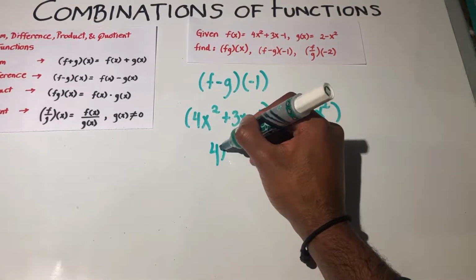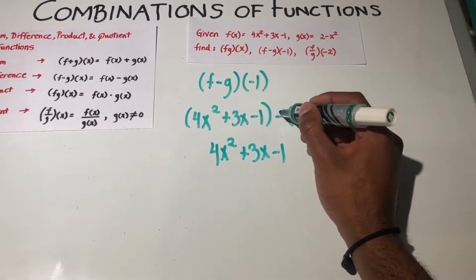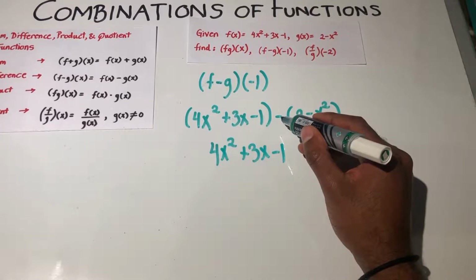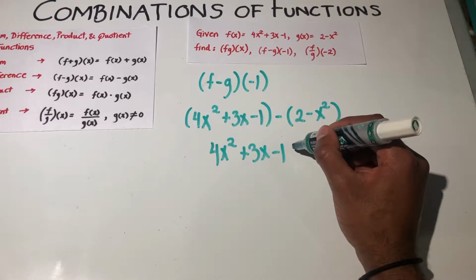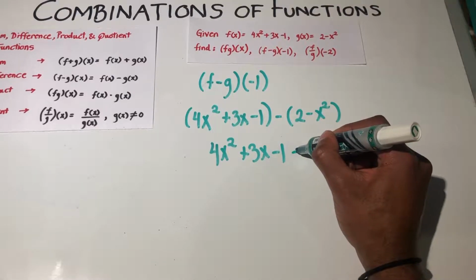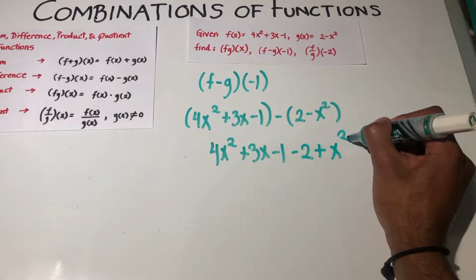So we're going to get 4x squared plus 3x minus 1. And then if you break the parentheses and you apply the distributive property for the second parentheses, we're going to get minus 2 plus x squared.